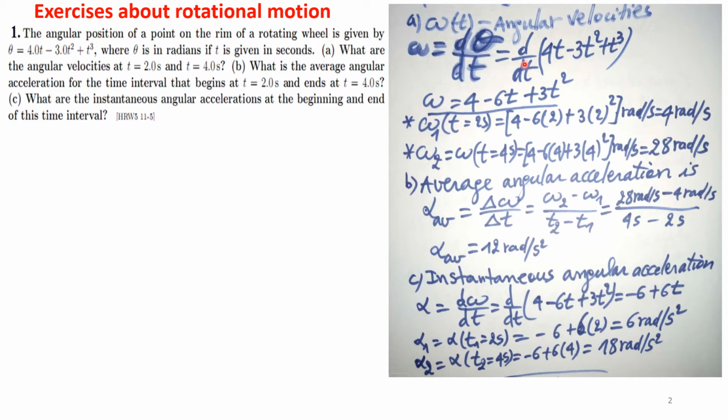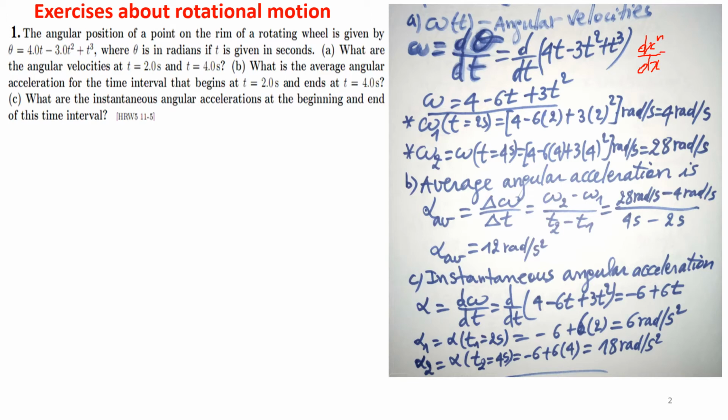This is equal to the derivative with respect to time of the expression theta equals 4t minus 3t squared plus t to the power 3. We know the formula for derivatives. Everyone knows how to derive. We know that the derivative of a function x to the power n with respect to x is equal to what?